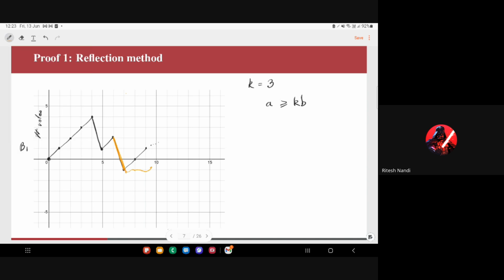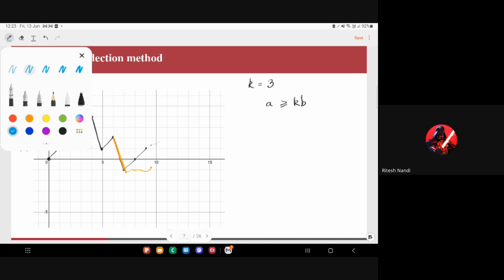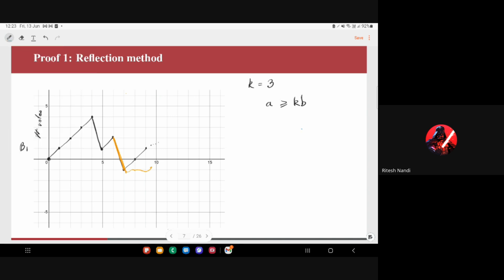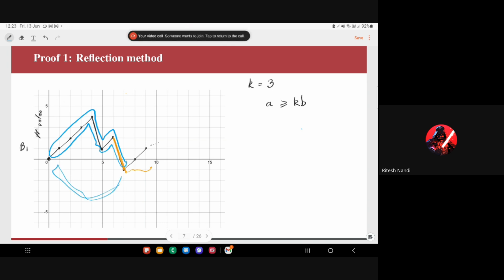From this point, we start to do a sort of rotation, but as it's happening below the x-axis, we say it's a reflection. So we take this path here and rotate it and draw in this region.